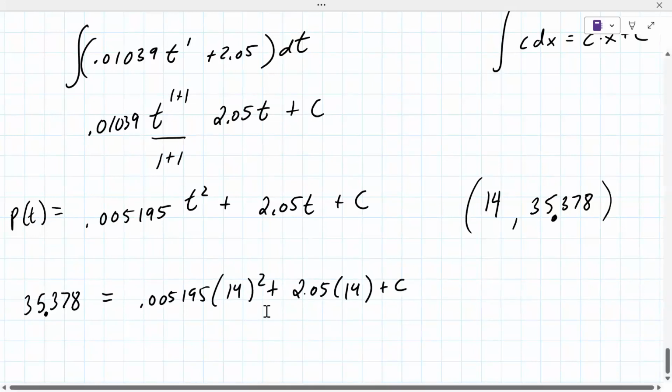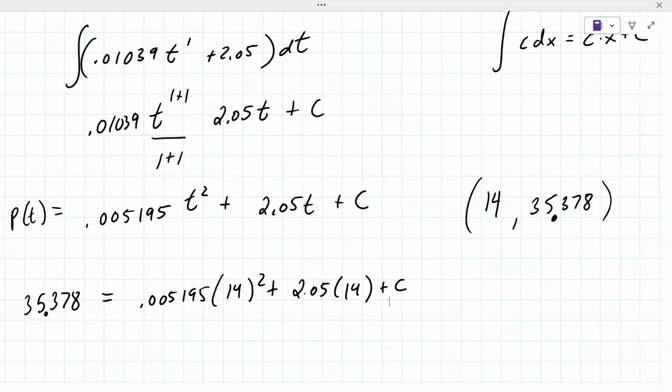So we solve this for C. You square 14, you multiply by that number, add together and subtract. I'll do that in the other screen here. Does it say to round? It does not.